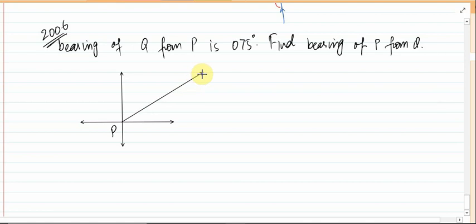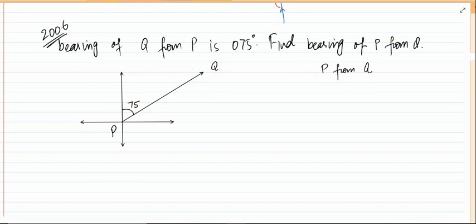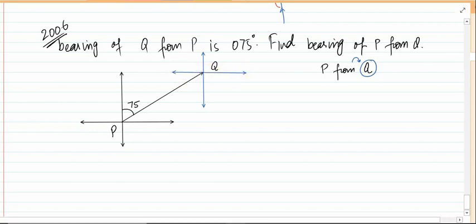So let's suppose that this angle is 075 and this point is Q. We need to find the bearing of P from Q. Now the first thing that should come into your mind is that you need to plot the north of Q, right? So I'm going to plot the north at Q. So that is the north of Q.